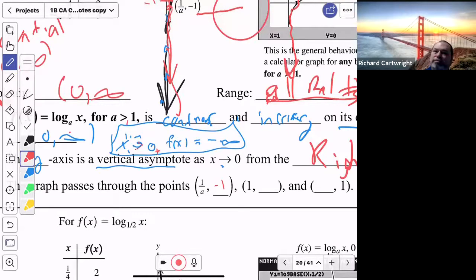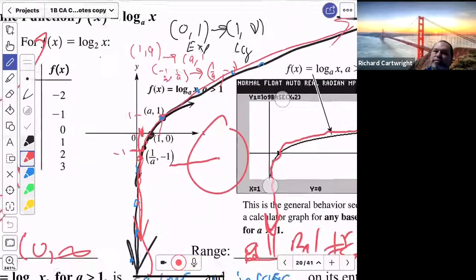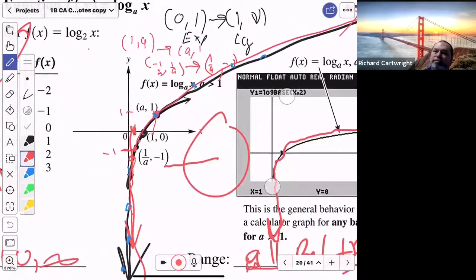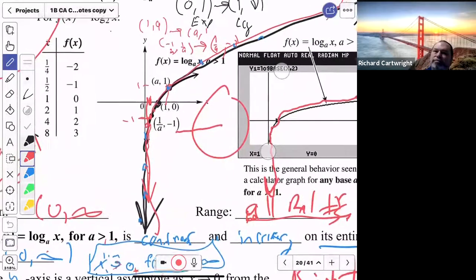At 1, it was an a, and yeah, 1 was an a, is that what I said before? Hold on here.